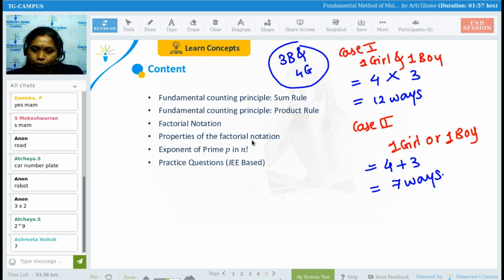If I want to do both operations together with the connective and, then it is a multiplication. If I want to do either one of the operations, with or as the connective, then this is the sum rule. Clear? Both principles are clear. Very easy, no? Very easy.